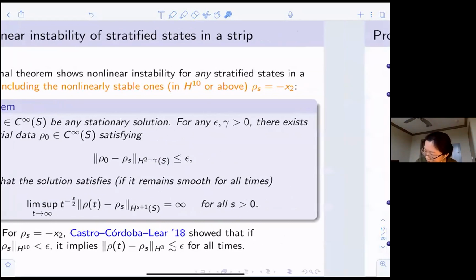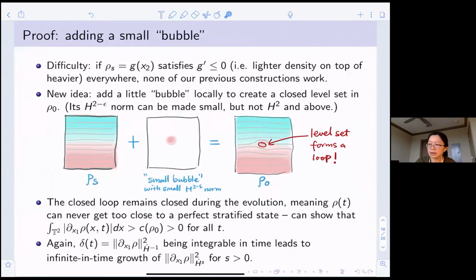And there, the difficulty is that none of the previous approaches that we have done apply here, because let's just think about this nonlinear stable steady state, where the lighter density is always on top of the heavier one. Right. So previously, whenever the heavier one is on top of the lighter one, we are able to locally perturb near this point to make the energy drop a little bit and to set such a thing as the initial data.